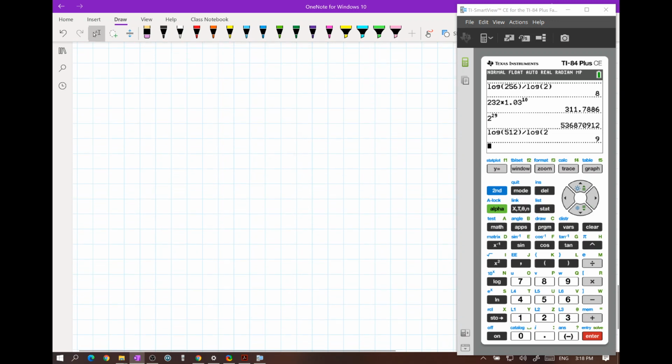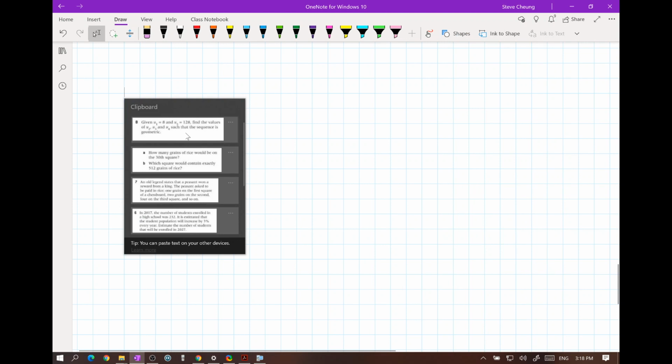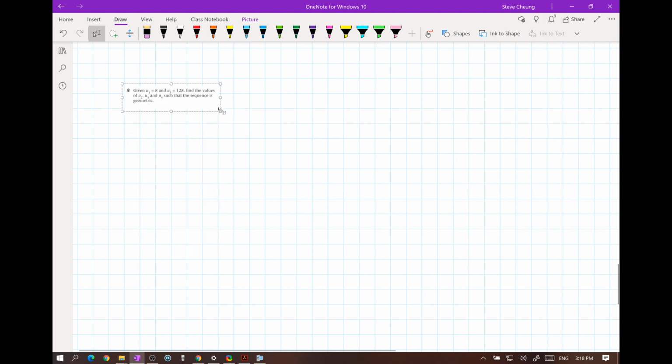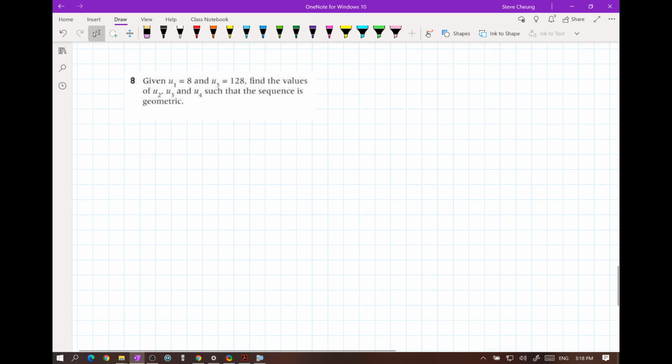All right, and we have our last question. So we have the first and the fifth term, and we want to find out what the second, third, and fourth terms could be. So there are actually 2 solutions. But let's just carry the procedure normally.